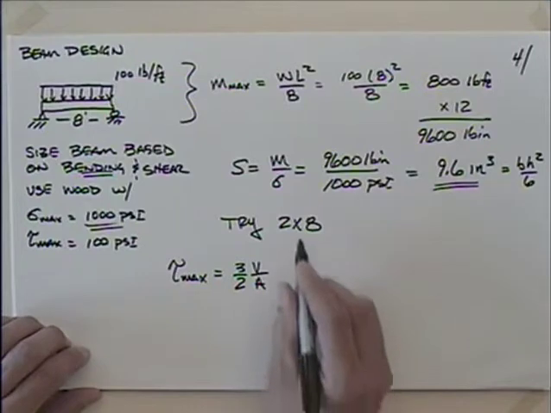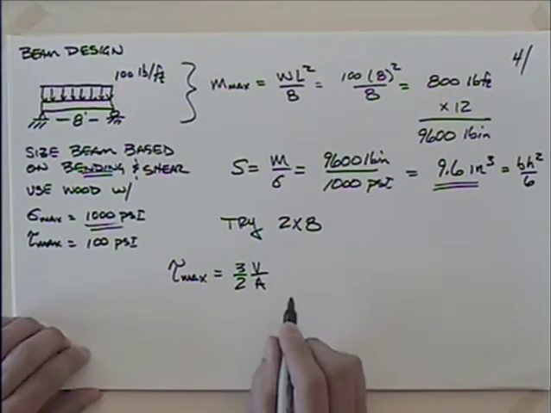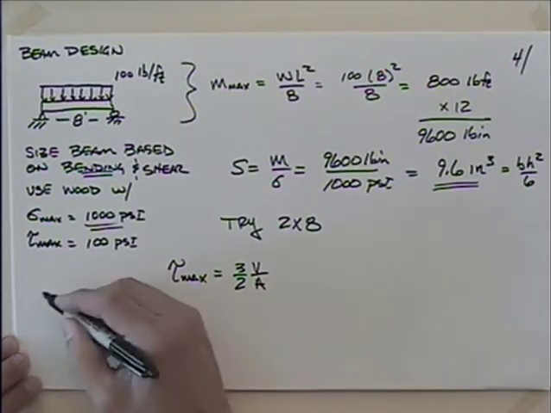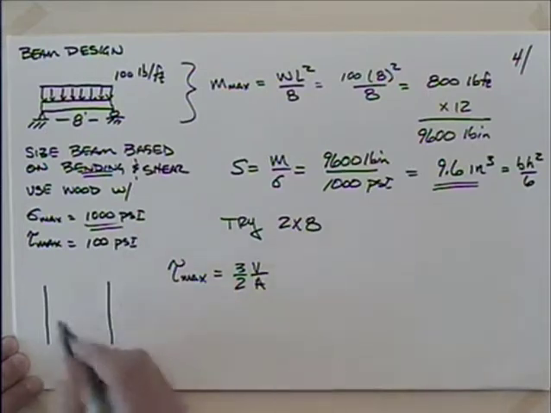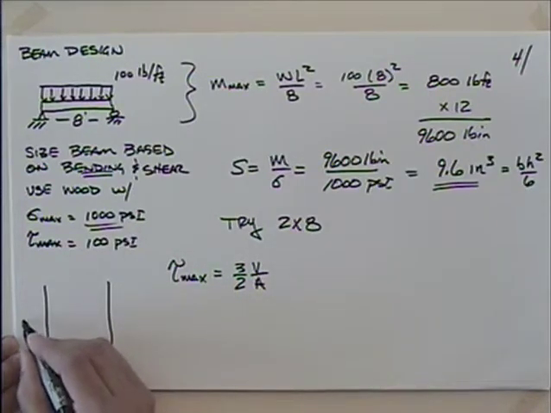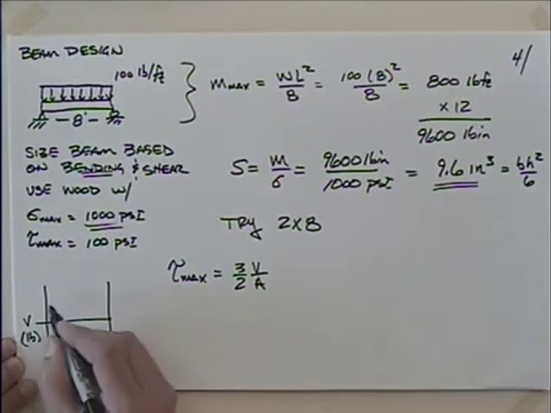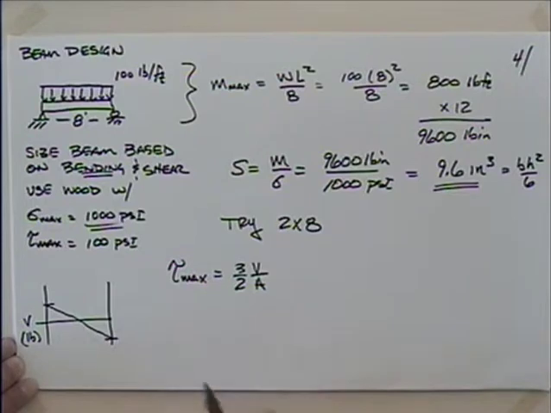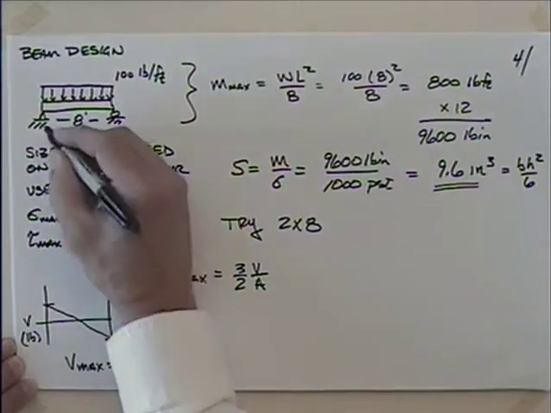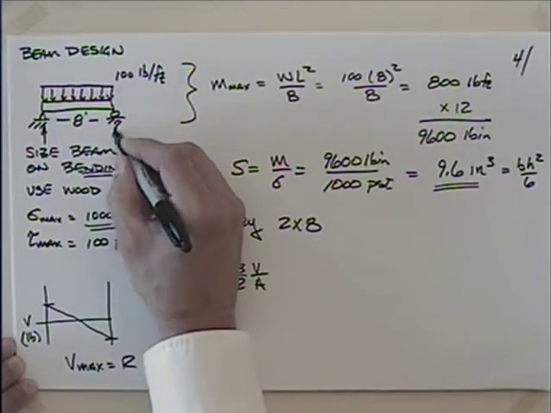I know what the area is because I have that 2 by 8, but what's the shear? If I look at a shear diagram for this thing, it jumps up by the reaction there, and then it goes down by that. So our maximum shear is really our reaction, whatever reaction I have there and whatever reaction I have there.